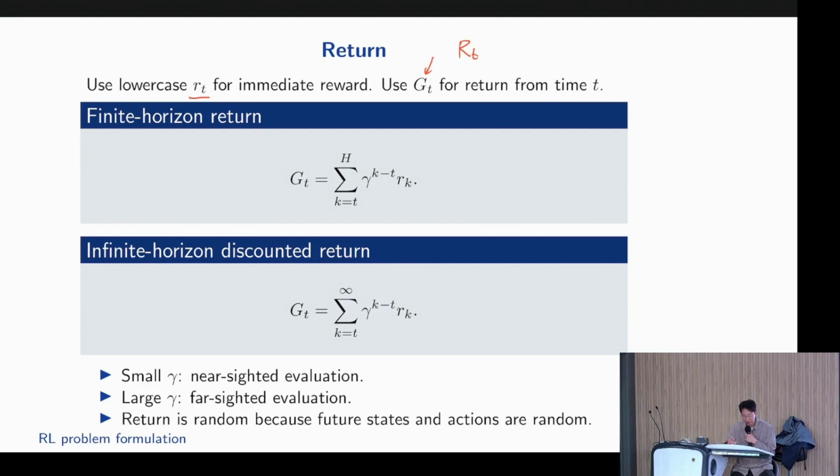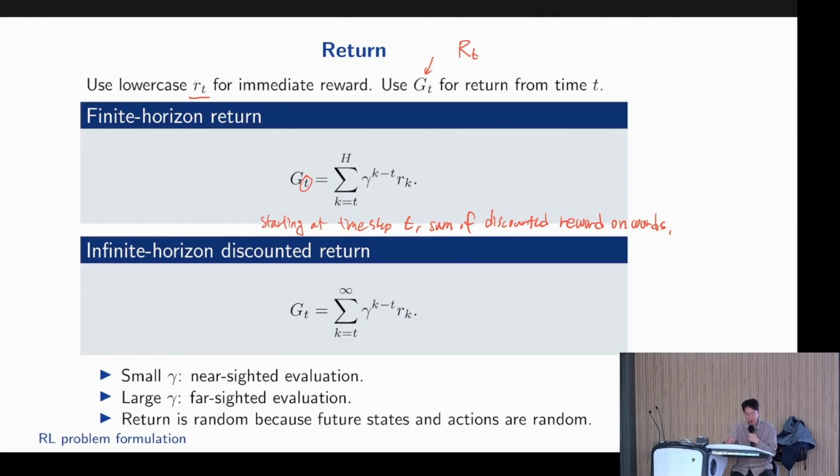It's basically, starting at time step t, the sum of discounted rewards onwards. What is your discounted sum of rewards onwards starting from time index t?